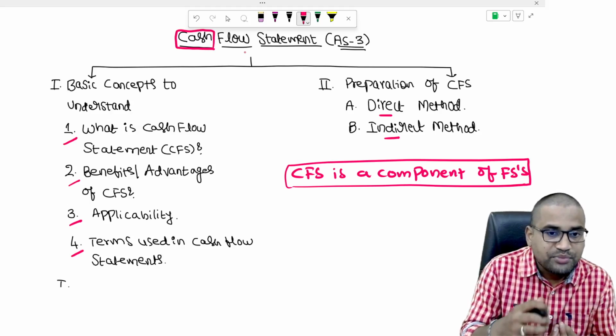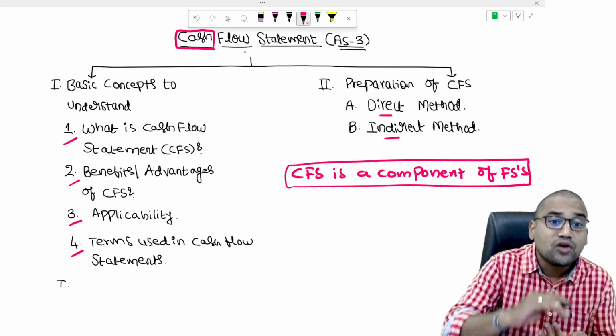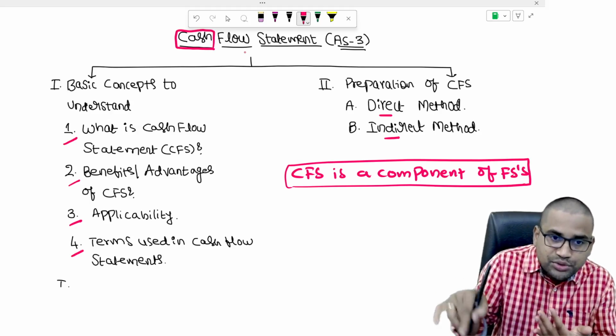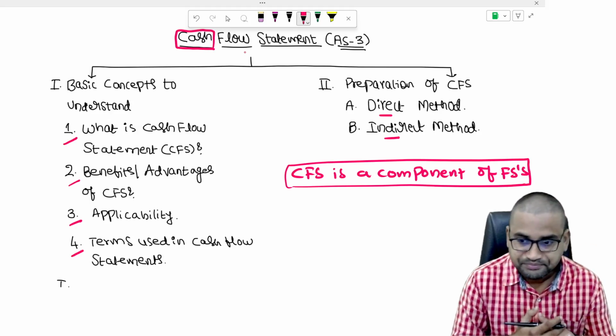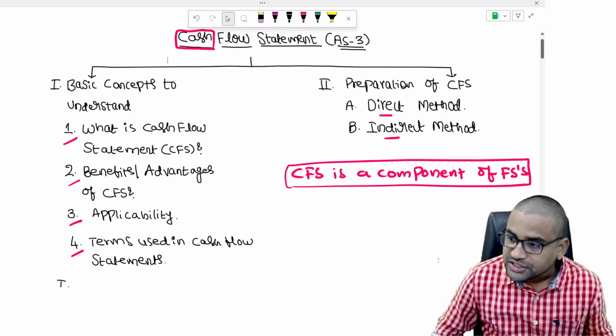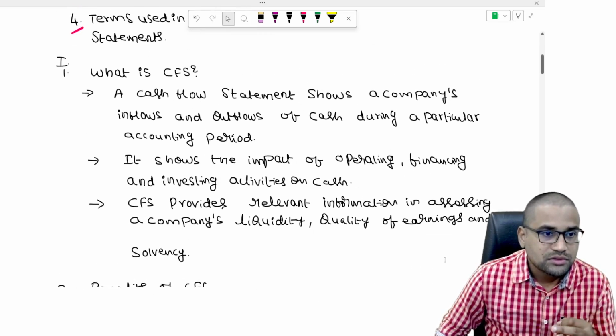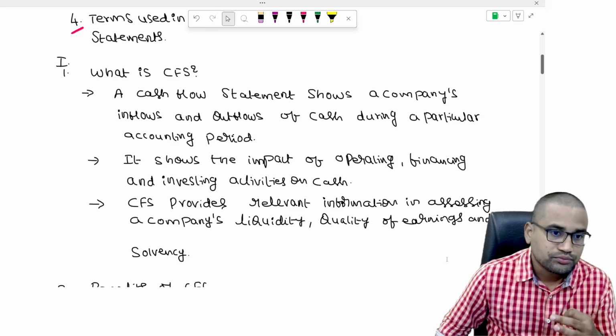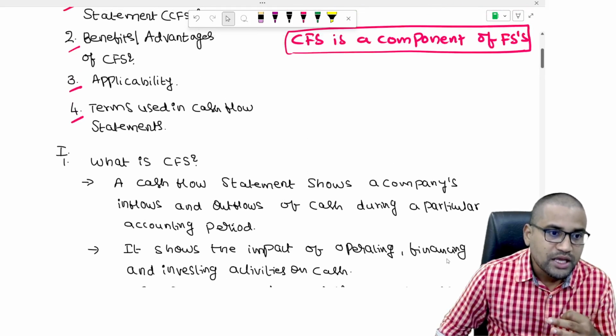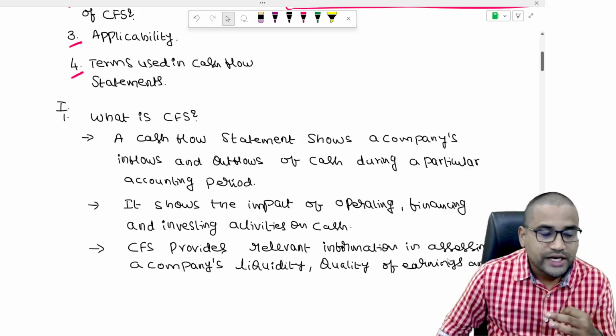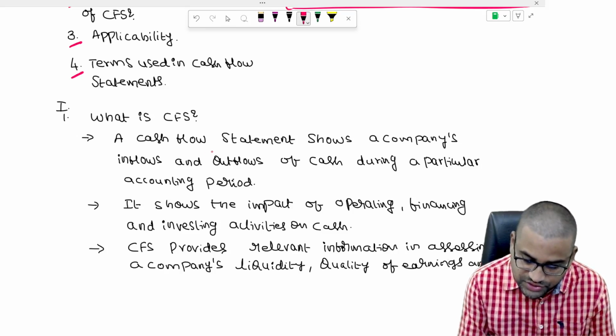So during a particular financial year, what will be our inflows? What will be our outflows? That will be shown, and that is called a cash flow statement.